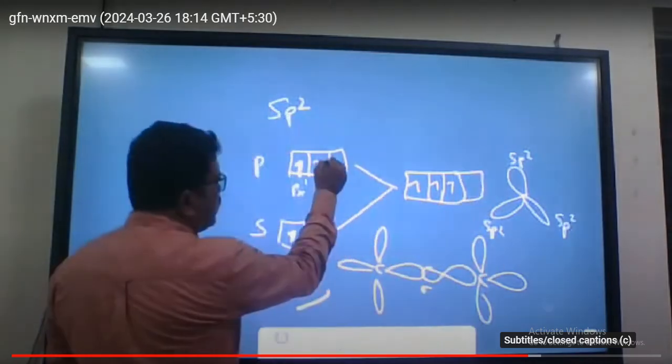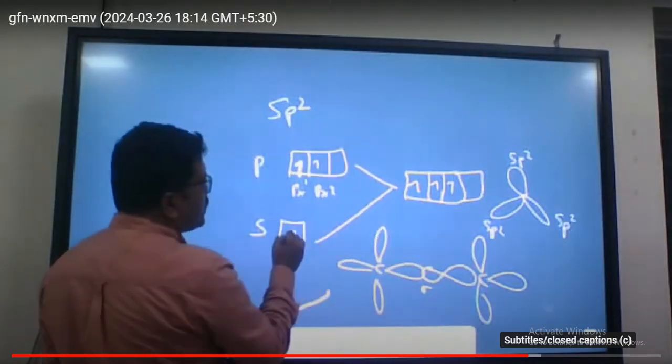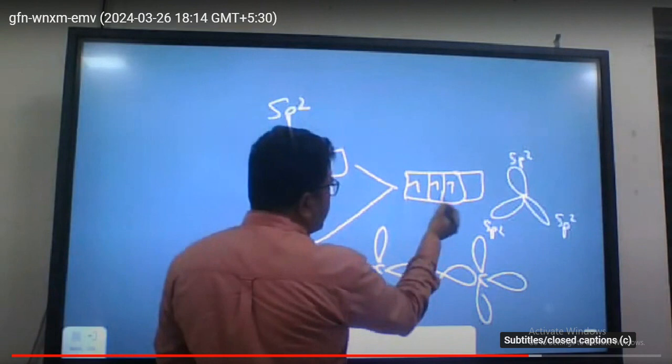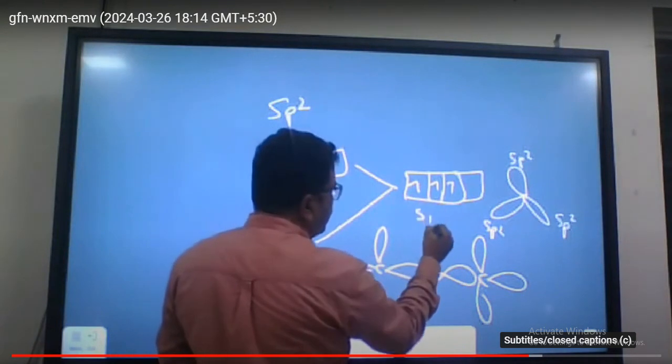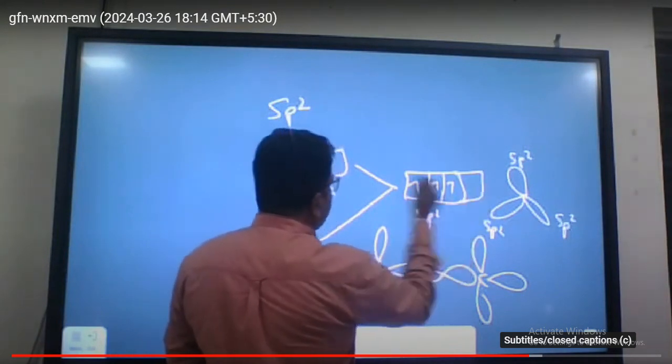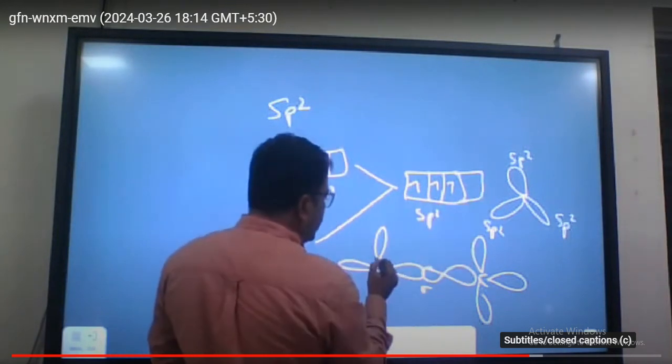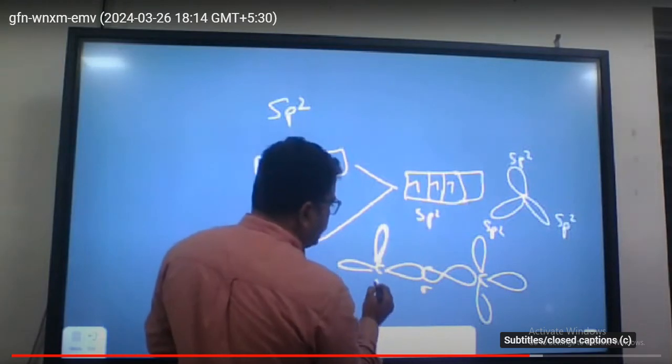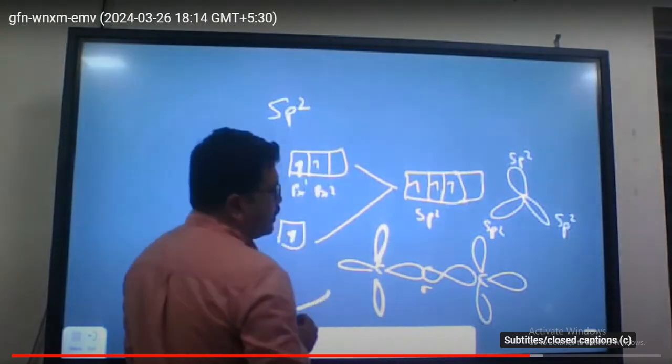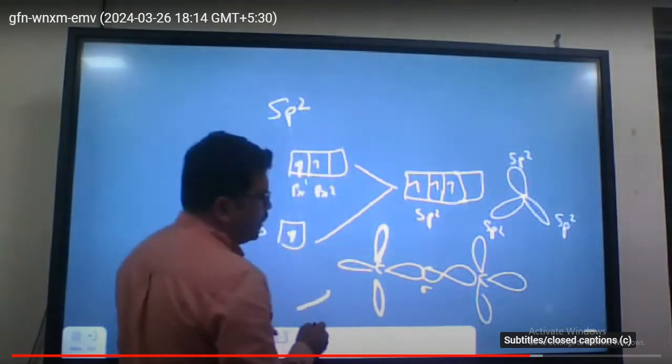Actually how many p orbitals here? 3 p orbitals, 1 s orbital. The 1 s orbital is hybridized as sp2. 1 p orbital remaining is empty. That empty p orbital, empty p orbital.